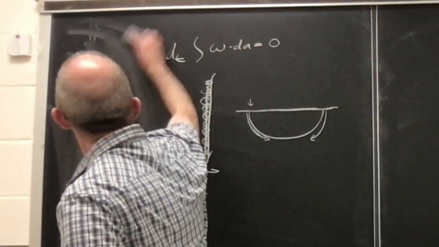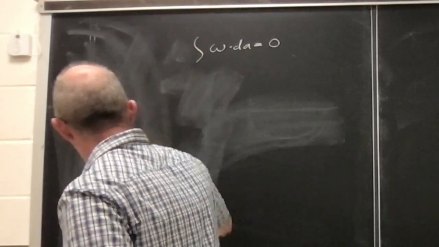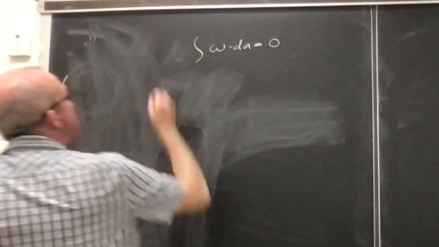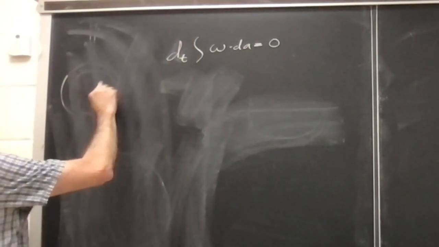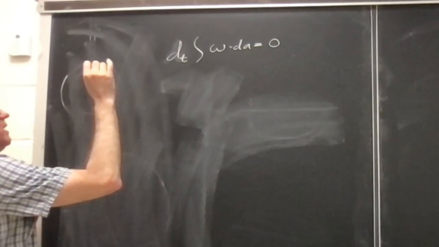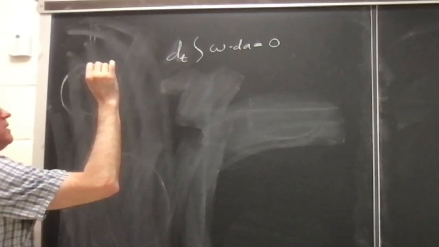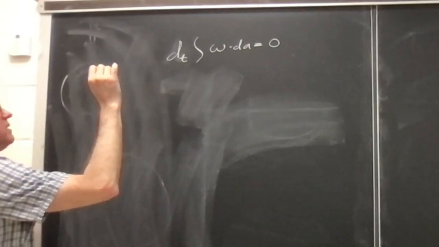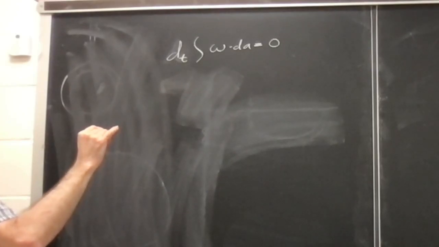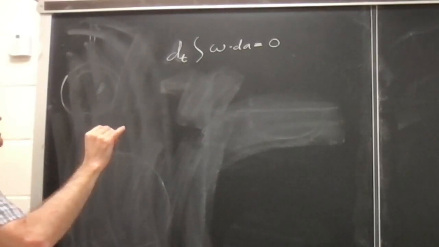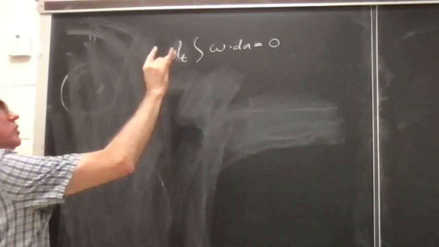So the first thing that we need, I need to not erase that part because that's the important part. D by dt. So we have two ways. There are two ways we're going to do this.